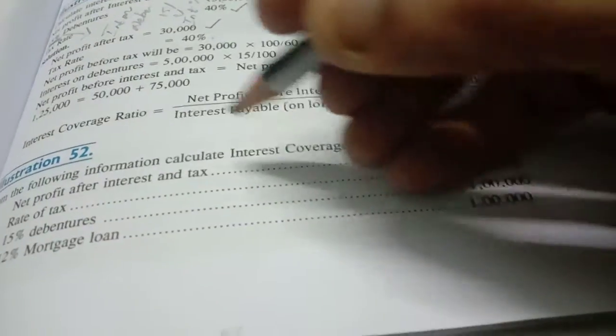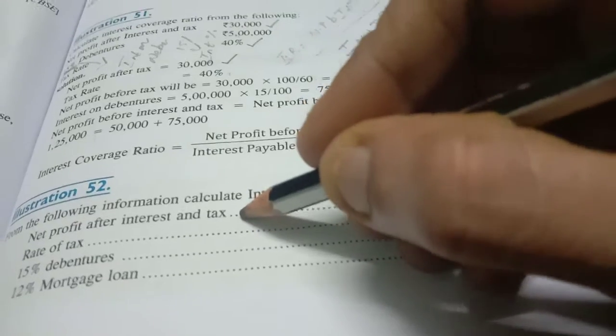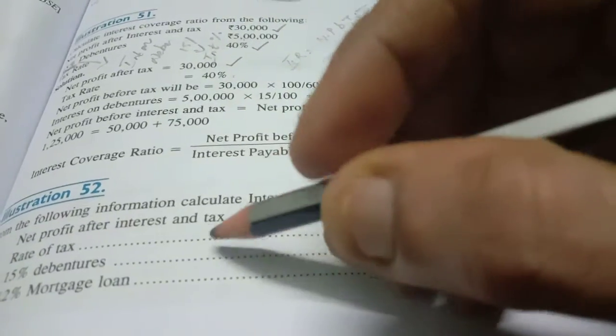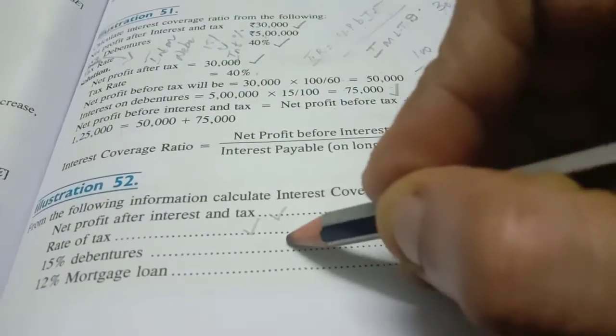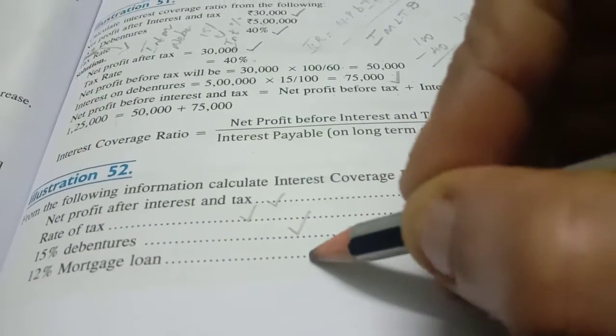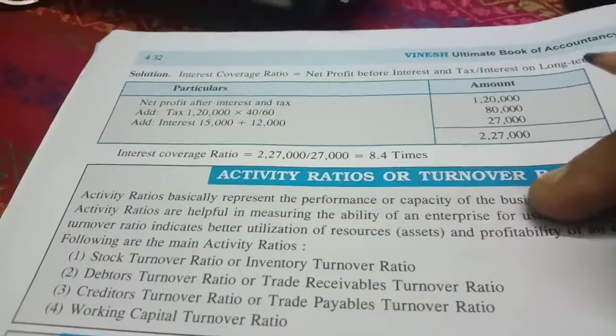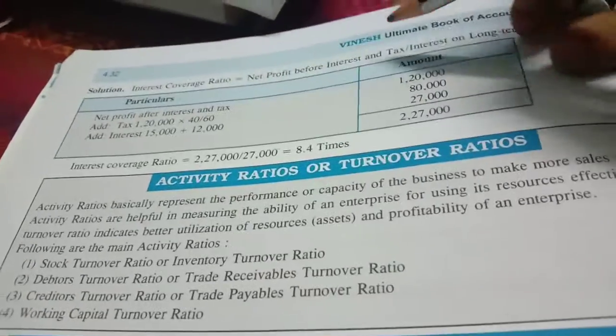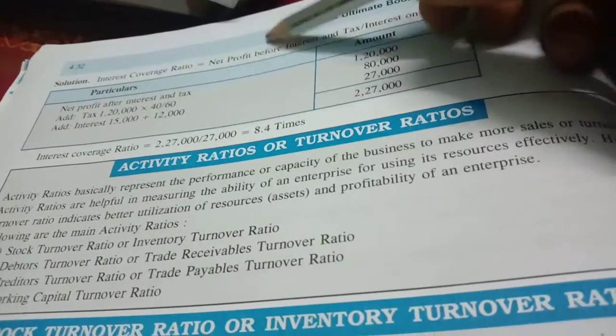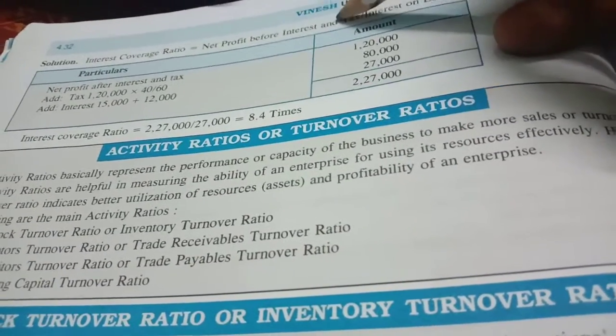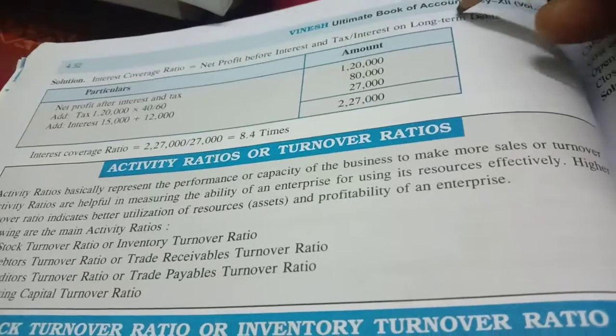So in this sum, see, net profit after interest and tax is given, rate of tax is given, 15% debentures and 12% mortgage loan. Okay, so see the sum. First we have to write the formula, that is net profit before interest and tax divided by interest on long term debt.